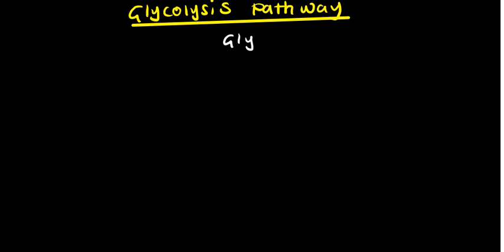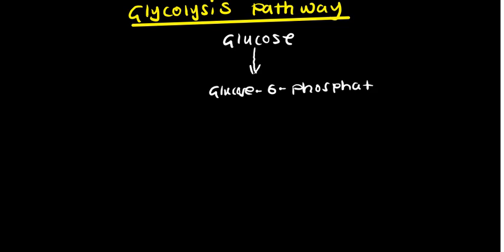So this glucose gets converted to glucose 6 phosphate. Here you use energy.